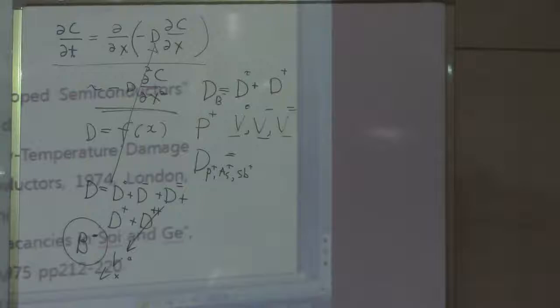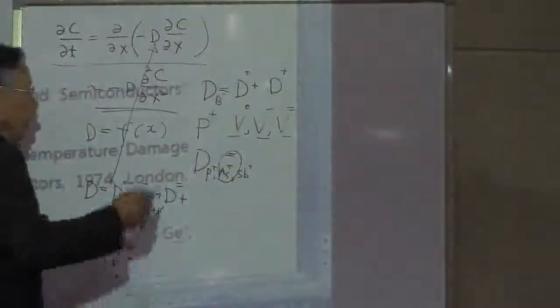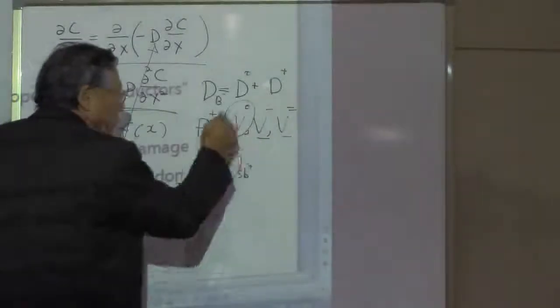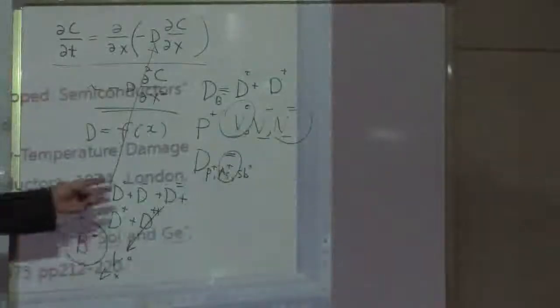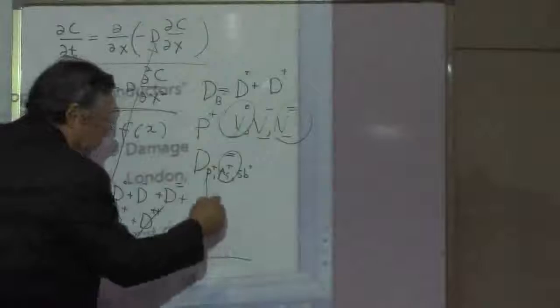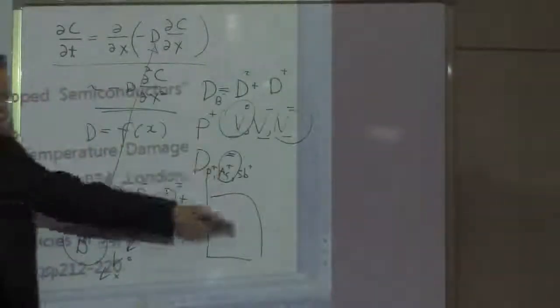And the last time we talked about the arsenic case, and in the arsenic case, we just have to think about a neutral term and the doubly negatively charged term, and it's almost a box type. The diffusion looks like almost a box type.